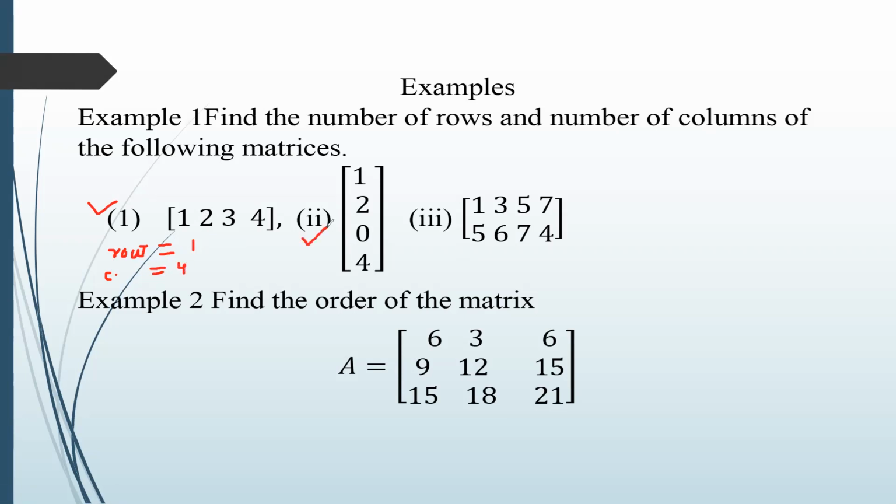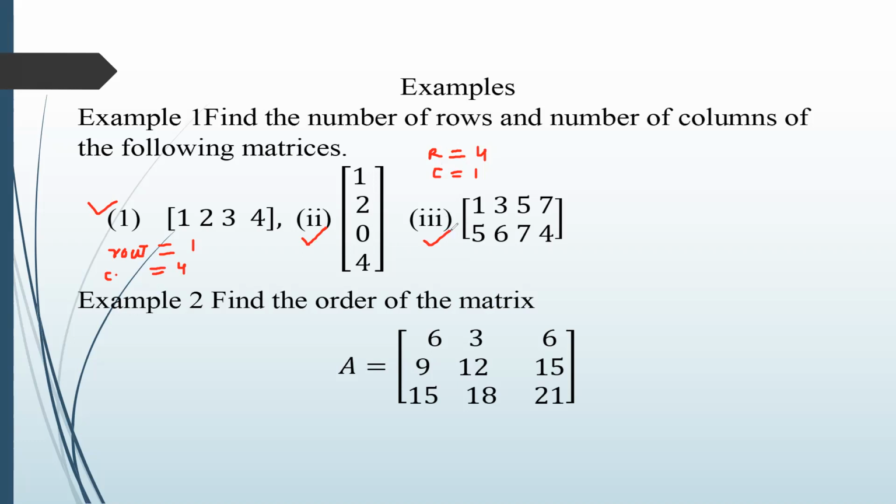Now we go for the second. Here we see that the number of rows is 1, 2, 3, 4. So the number of rows is 4 and the number of columns is 1. Is that clear how we can find the number of rows and columns in a given matrix?